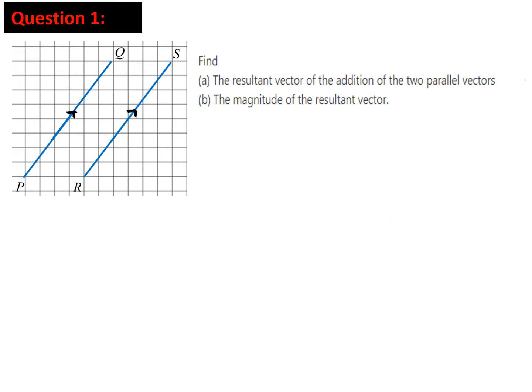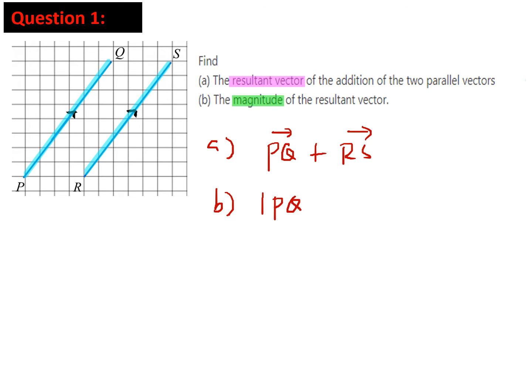Let's do some exercises. Question number 1. Find the resultant vector of the addition of the two parallel vectors. A. The resultant vector of vector PQ and vector RS can be written as vector PQ plus vector RS. B. The magnitude of the resultant vector can be obtained by adding up the magnitude of vector PQ and the magnitude of vector RS.